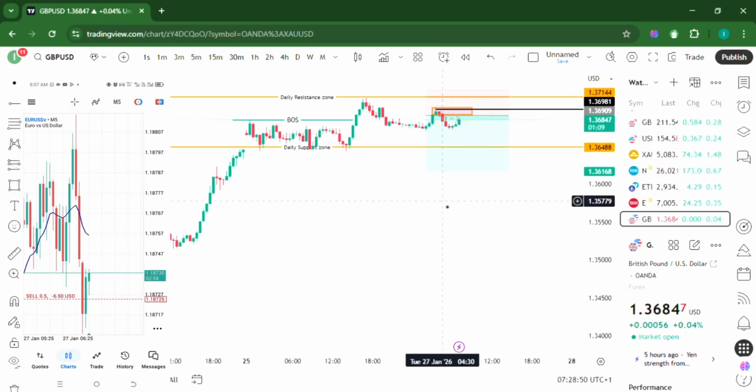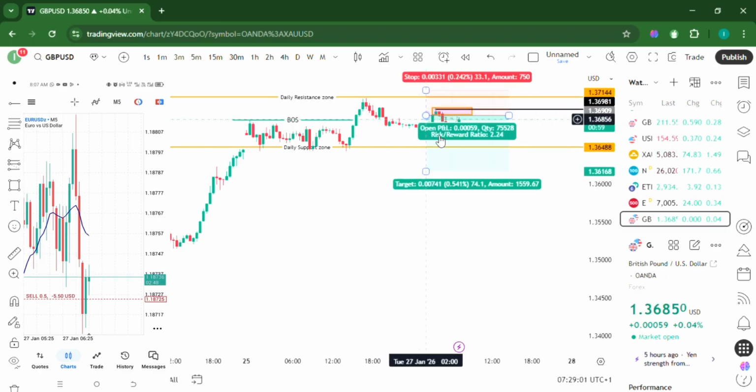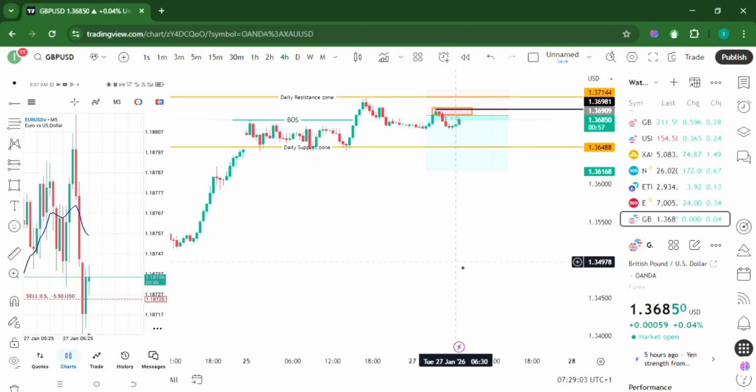The reason I said I will enter this trade strictly on confirmation is because I want to be sure that price is ready to push to the downside, even when we have confirmations or tools that help us confirm that price is actually giving us a short signal.